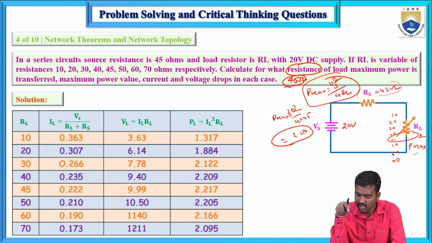This is simple, only a single loop circuit. In this single loop circuit we can easily calculate the current and voltage across the resistance.